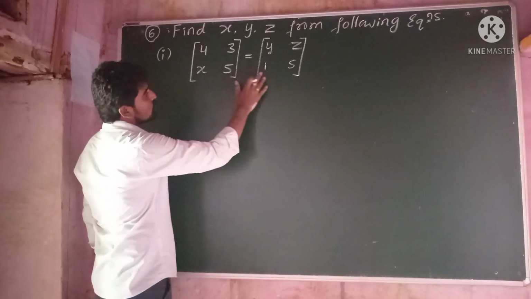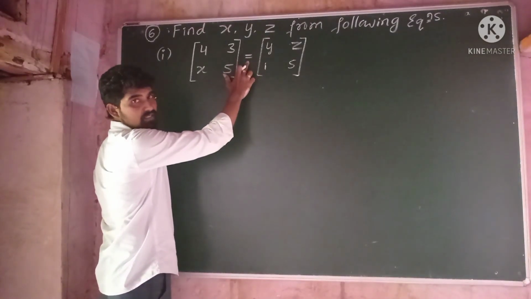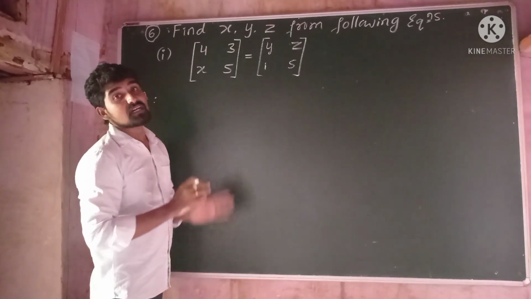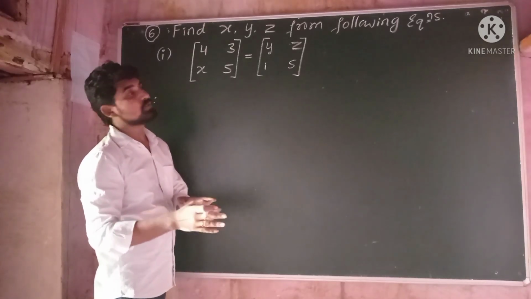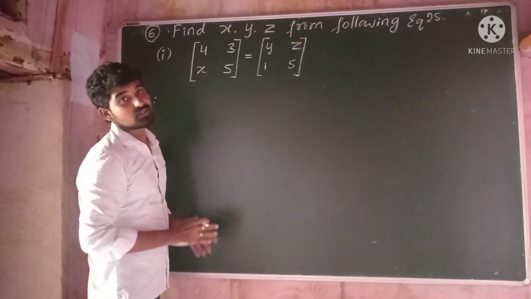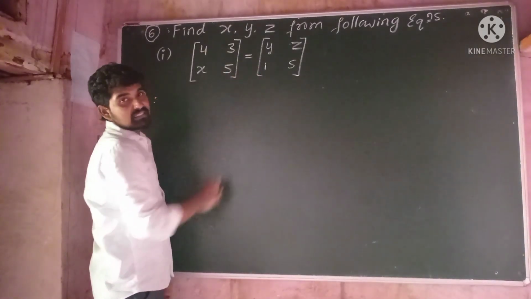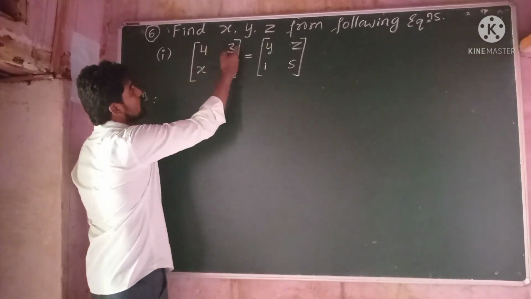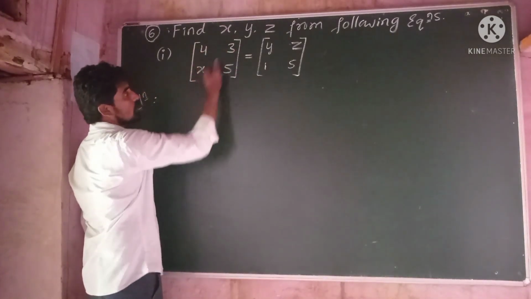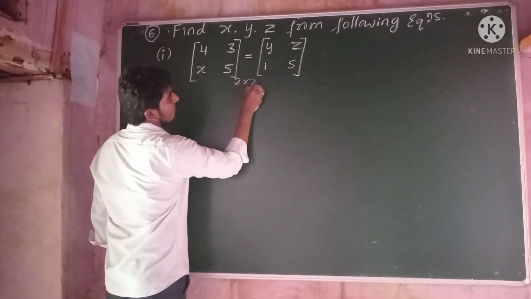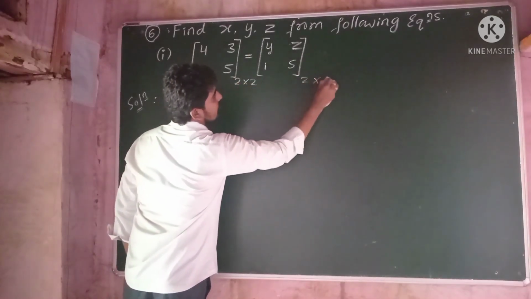Since these two matrices are equal, their orders must be the same, as well as the corresponding elements used in both the matrices should be equal. So here, since both the matrices have two rows and two columns, their orders should be equal to 2 cross 2.